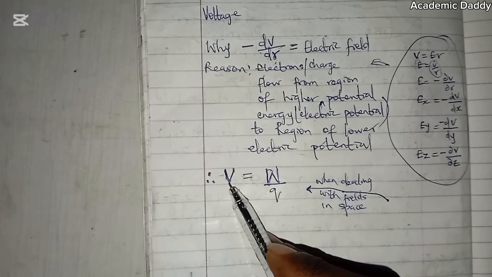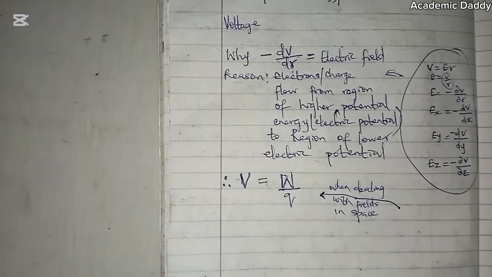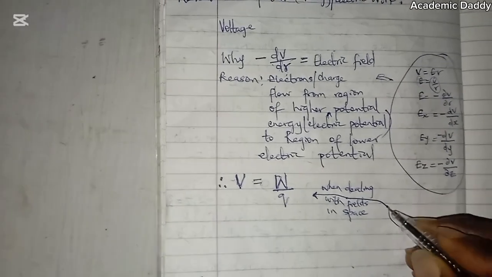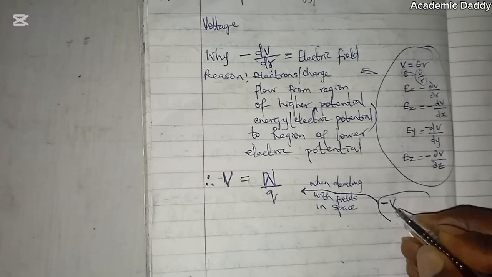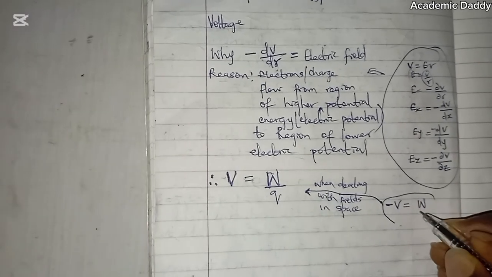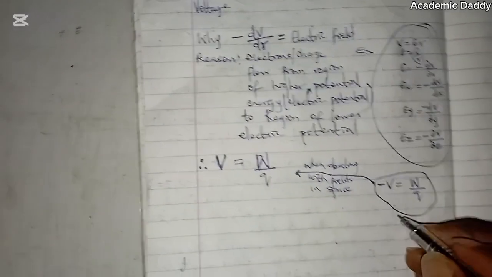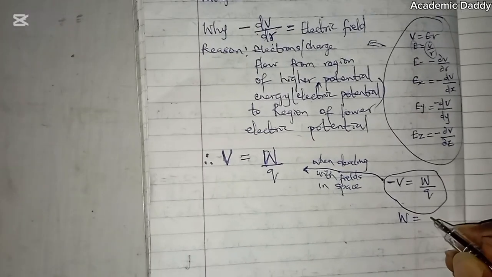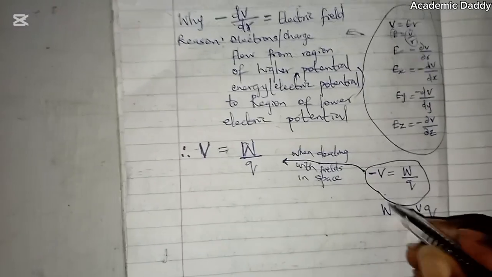Since we know that electric potential is always tending to the negative part, this means negative V is equal to work done all over Q. If I want to make work the subject of the formula, work should simply be negative V times Q. So this is what it should look like.